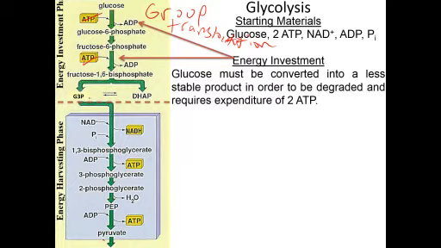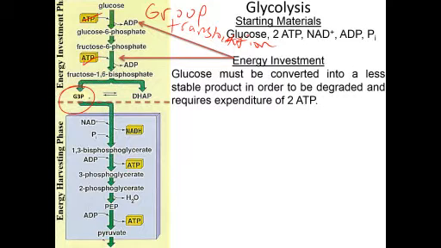Fructose 6-phosphate is phosphorylated again, and you end up with fructose 1,6-bisphosphate. This bisphosphate is telling you there are two phosphates, which makes sense, because you've attached 2 phosphate groups to the original molecule. This fructose 1,6-bisphosphate gets converted into 2 molecules of glyceraldehyde 3-phosphate.